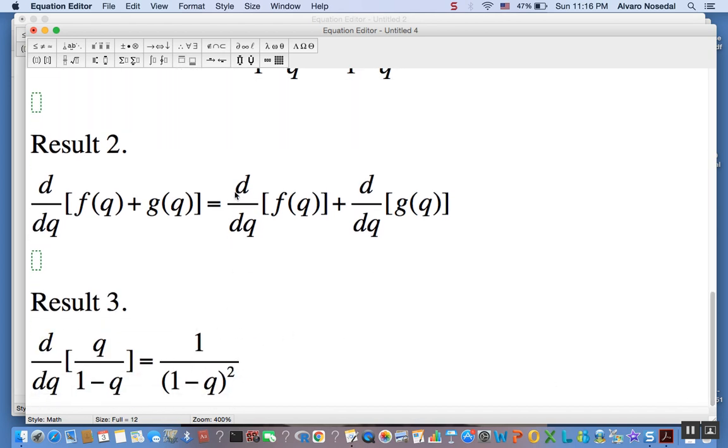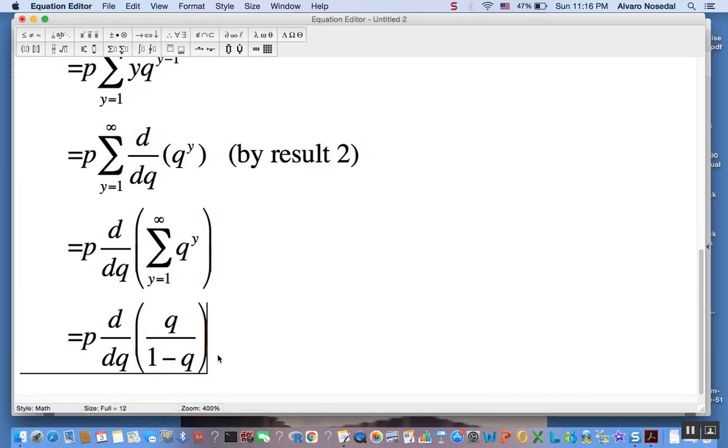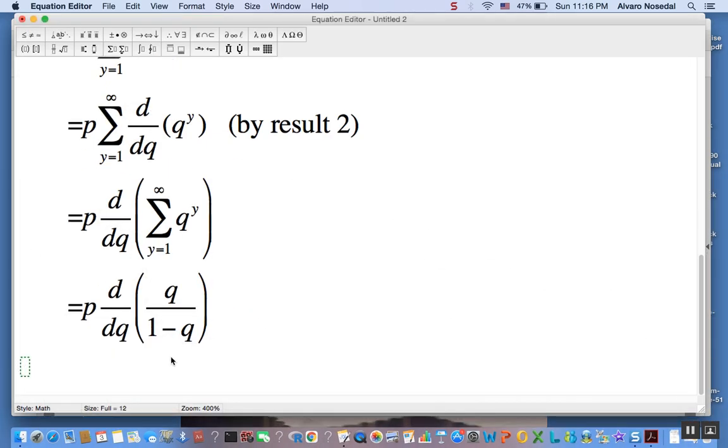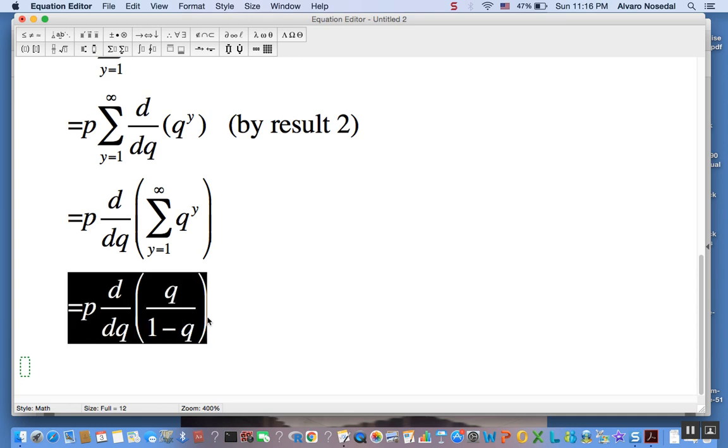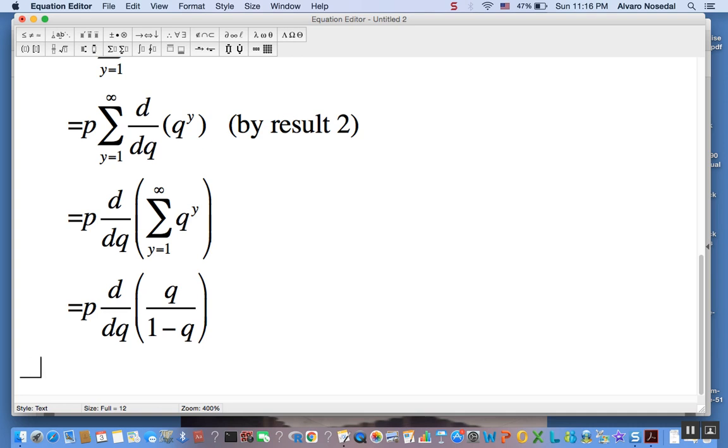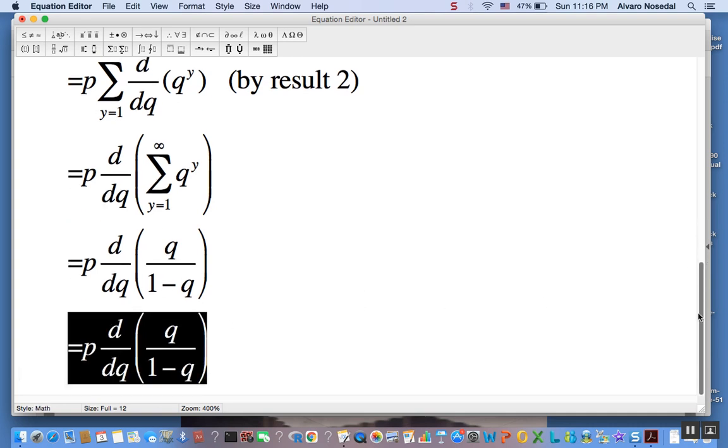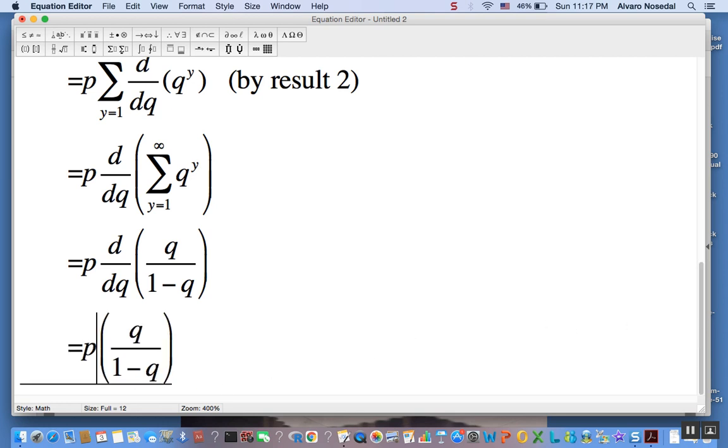Okay, so let's use that, and then what we have is 1 divided by 1 minus q squared, right?